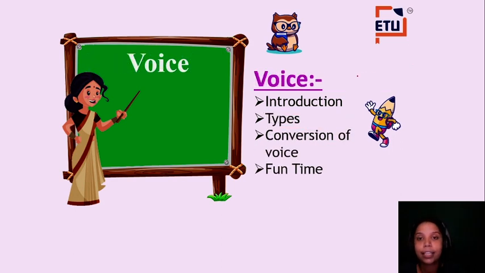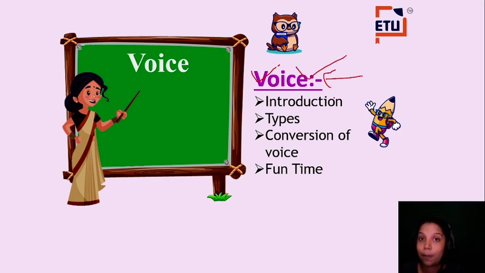After interjection, there will be voice. Now this is a very interesting chapter. Remember, to learn this topic, voice, you really need to be clear about the thing called tense. If you are clear with your tense, nobody can stop you from doing this voice.